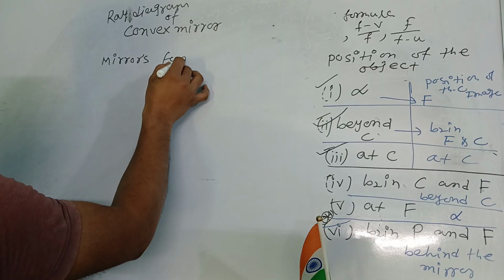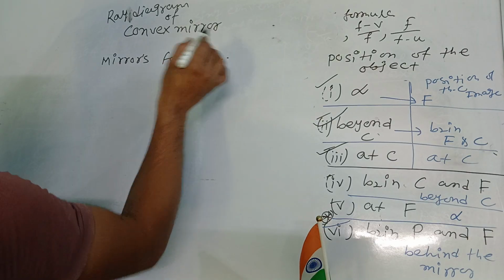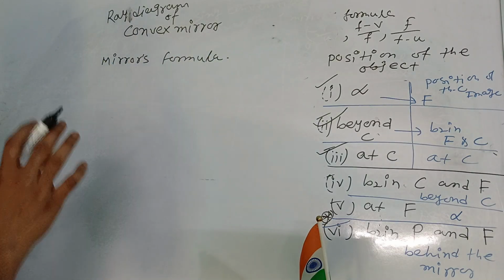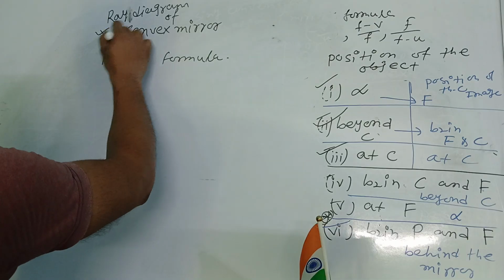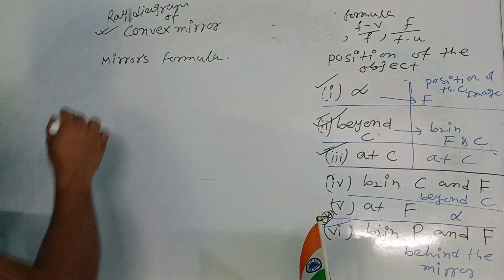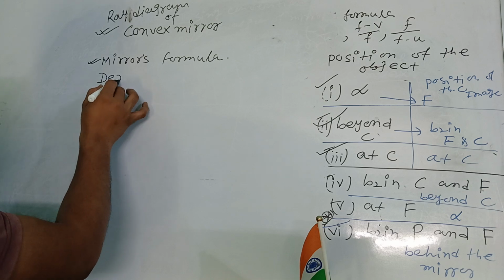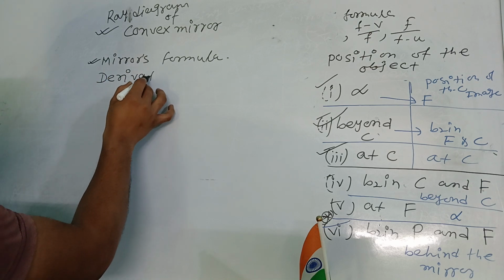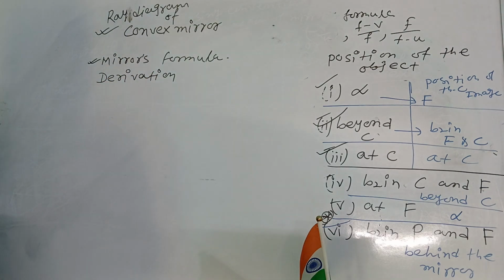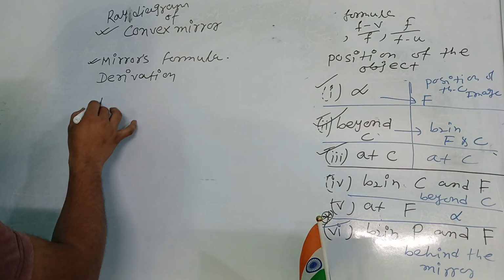So today we'll cover the ray diagram for the convex mirror, the mirror formula with its derivation, and then magnification.